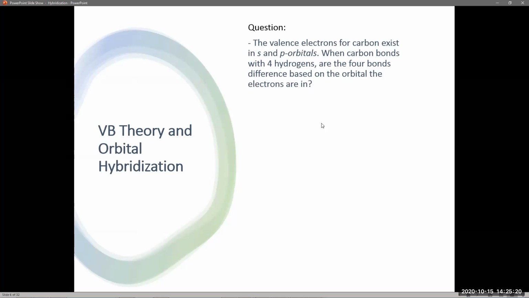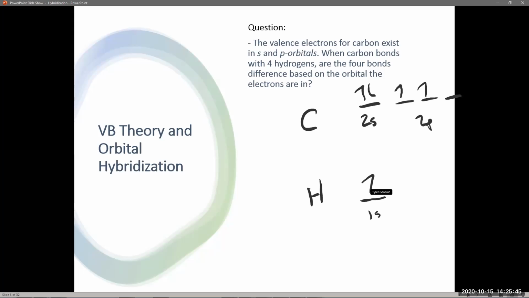But basically the situation is, if we have a carbon atom, and we know carbon atoms have S electrons and a couple P electrons, what happens with these electrons? Which ones go to which hydrogen? When we look at hydrogen and its orbital diagram, each hydrogen comes equipped with one S electron.